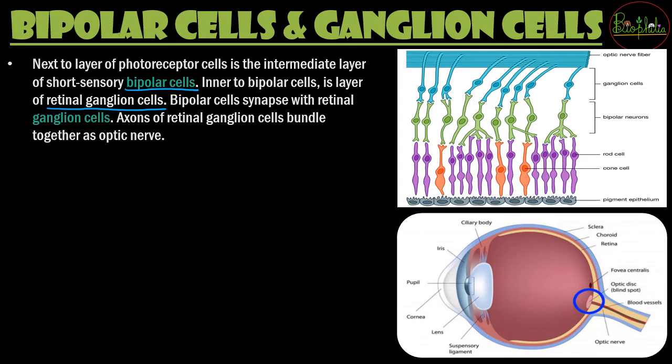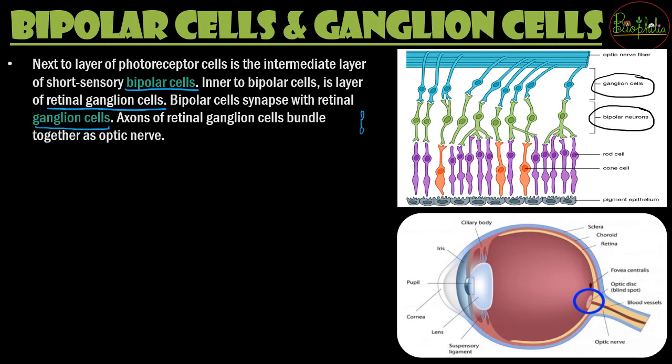The bipolar cells synapse to the ganglion cells. So here are our bipolar cells, which synapse to the next cell, the retinal ganglion cells. Here in the image as well you can see the bipolar neurons and the ganglion cells present.